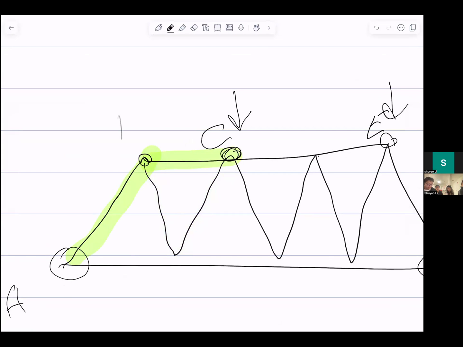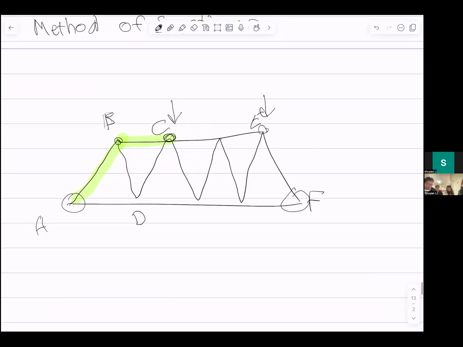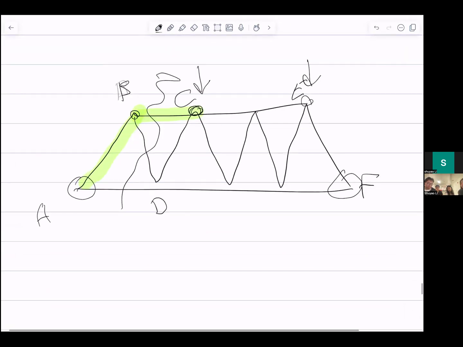And let's label that B. The method of joints would be cutting through the joint itself.